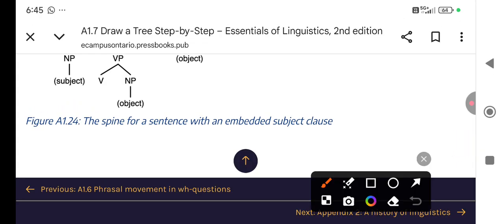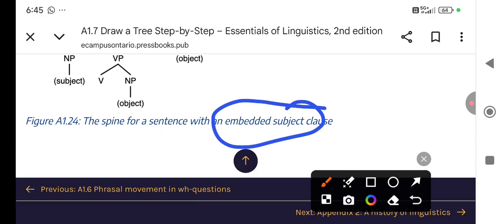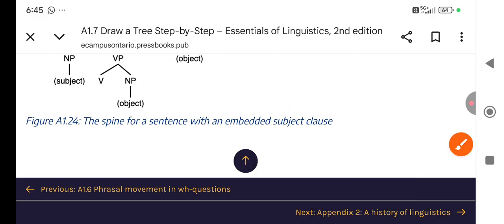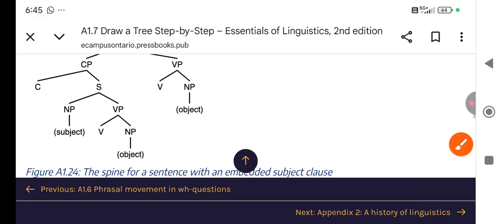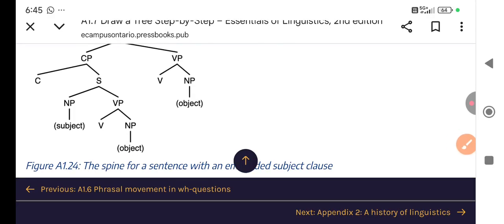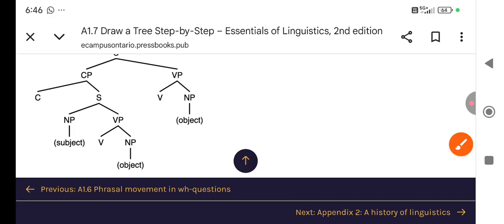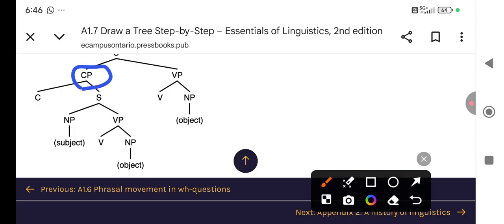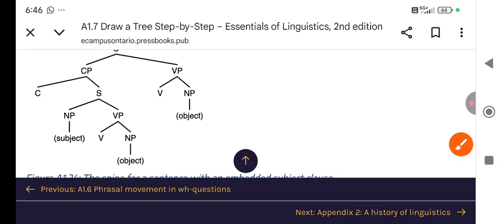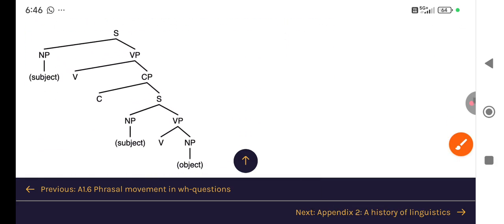Here, this is an embedded subject clause. Here again we have to see this is an embedded subject clause, right? So that is a subject clause. This is a clause phrase. So that's a subject clause, embedded subject clause, right? So when we do the practical sentences, then you'll be able to understand.